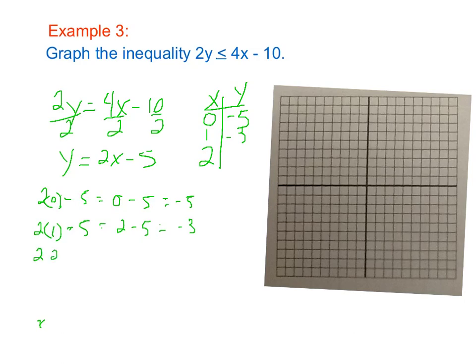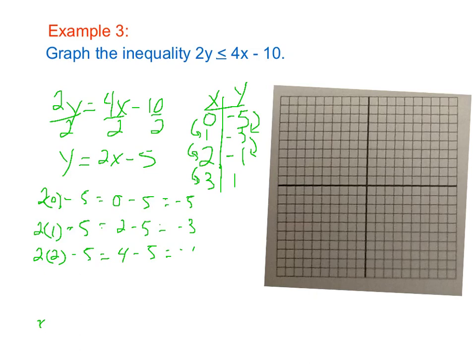When I plug a 2 in there, we get 4 minus 5, which gives us -1. Okay. And if we see a pattern here, as x goes up by 1, up by 1, up by 1, the y goes down by 2, down by 2. So we could predict that the next y value would be 1.